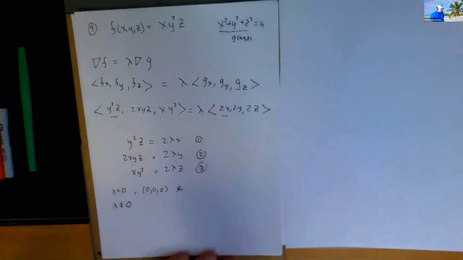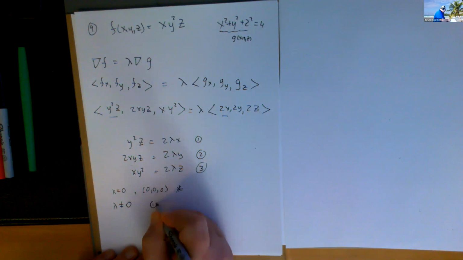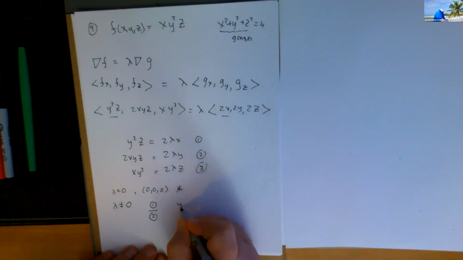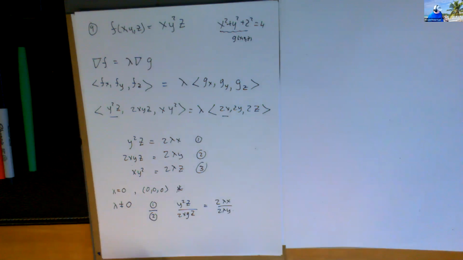We have 3 equations to deal with, which makes life typically a little bit difficult, but hopefully doable. I am going to take equation 1 and divide it by equation 2. In equation 1, you get this divided by this, and on this side, you get this divided by this. Let's see what we get.